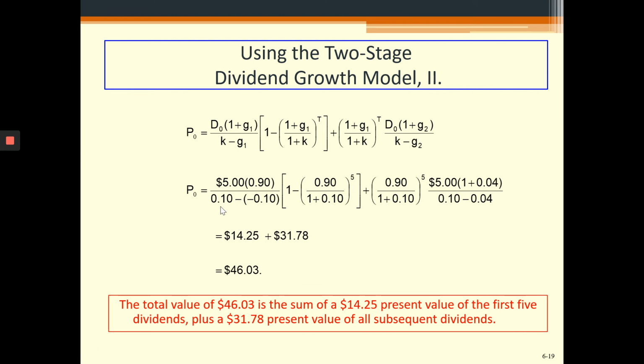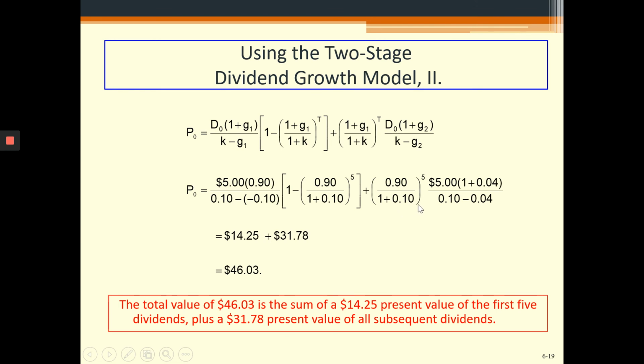In decimal, it's 0.1 minus, minus the G1, because the growth was shrinking, right? It is minus 10, it's not growing. And then we plug in the other numbers, and this first portion will give us the present value of the stock coming out of the first T years, during which the dividend of this company is shrinking by 10%.